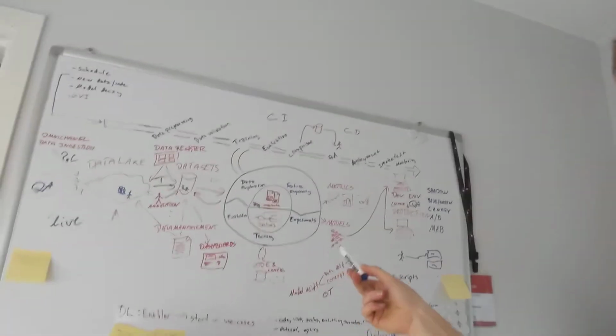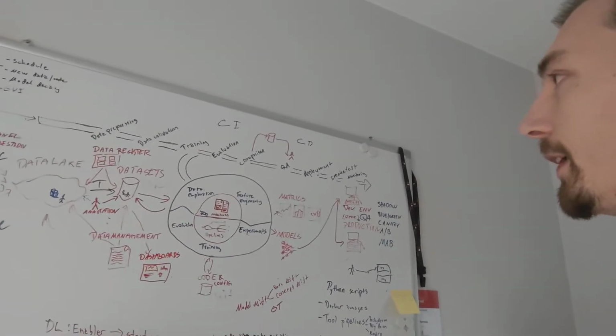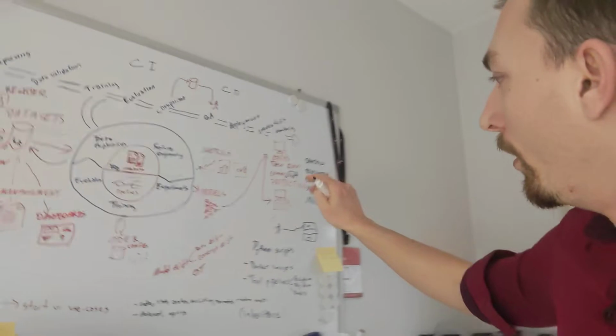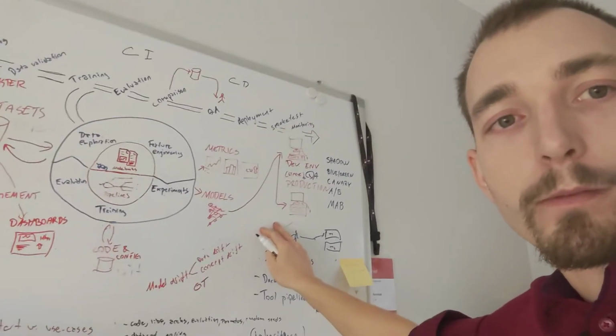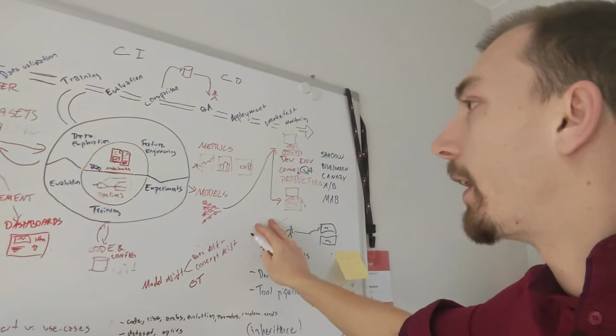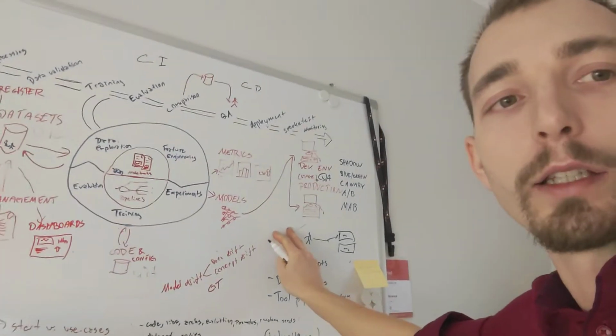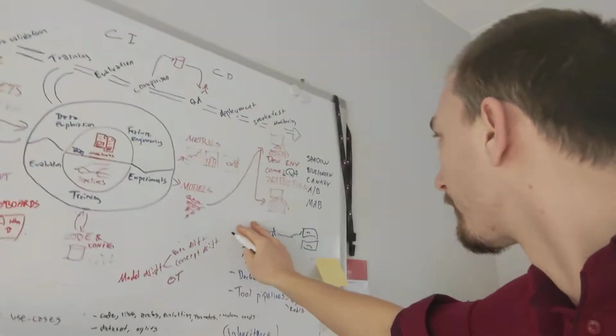So now we start to get a quite good view over the whole flow in this system. One of the last things to go through in this flow is the model monitoring.